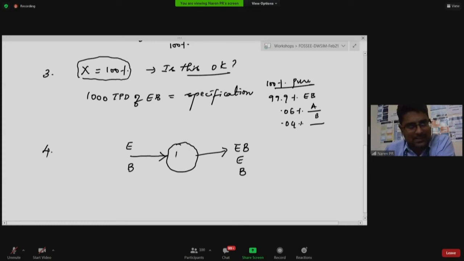So this is my reactor. This could be 99% and this could be 0.6 or 0.4, some numbers, any numbers at this moment. But the point is, this is no longer pure. That means we need a number which is not 100, correct?